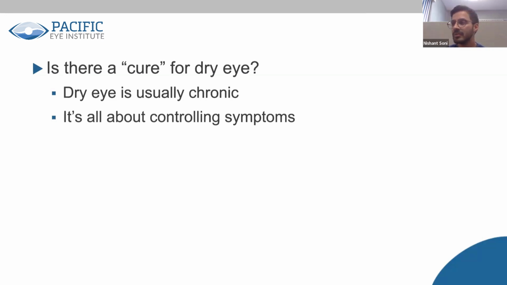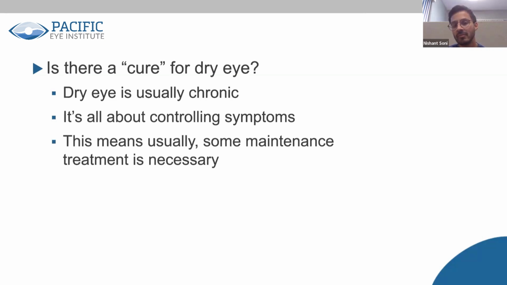There are certain things that will work long-term for patients, and sometimes things that used to work are not working anymore, and we need to make a change. So this means that most of the time we have to be doing something to treat dry eyes as long as you have symptoms. It's not necessarily curable in that sense, but it can definitely be managed very well.